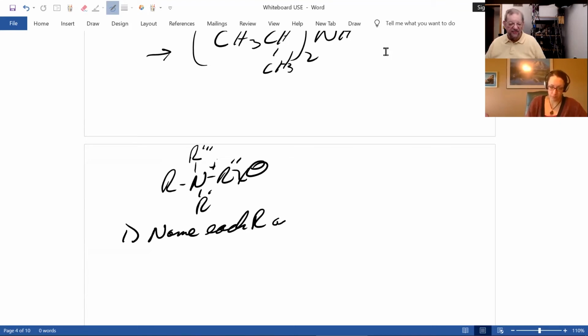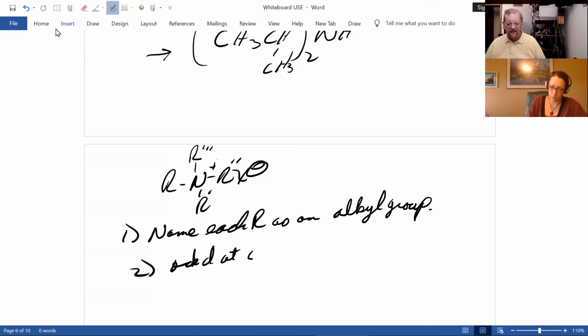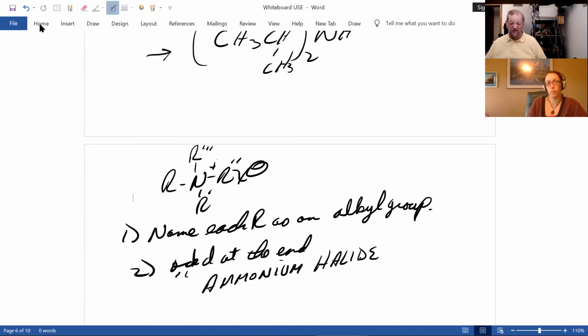Name each R group, and then at the end, the words ammonium halide.